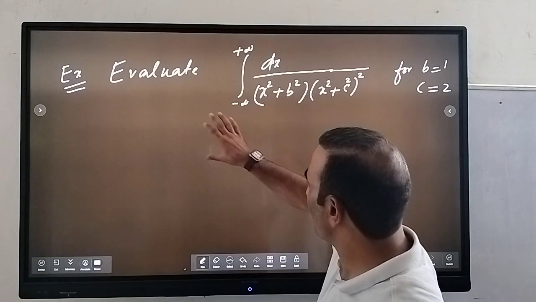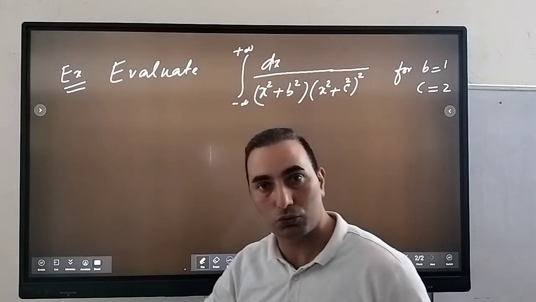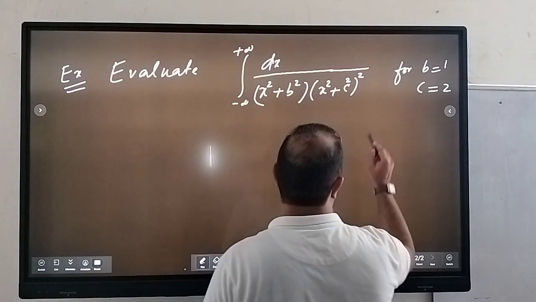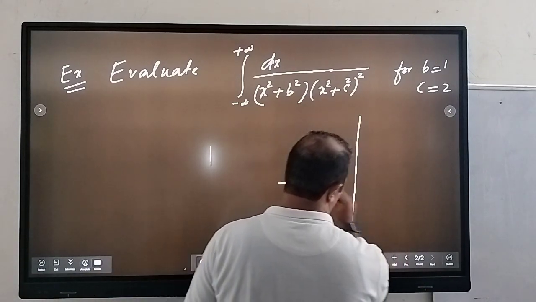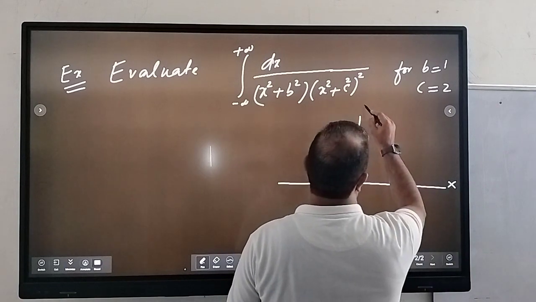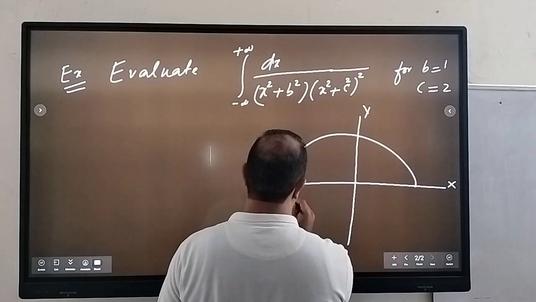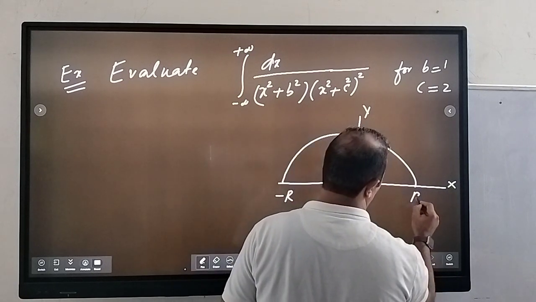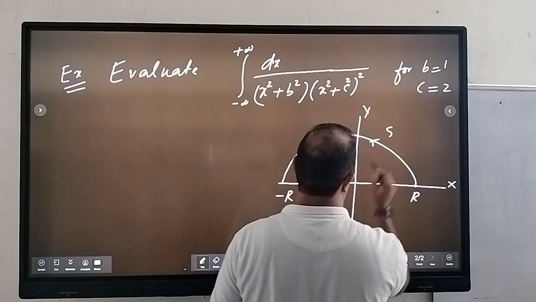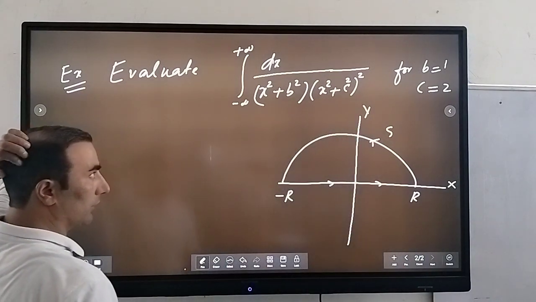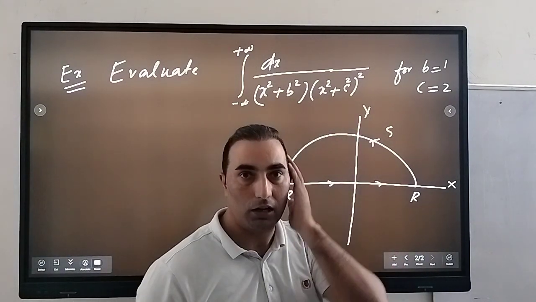Okay, so first of all, we have this type of integral and we need to solve it over the semicircle, right? So that means we have this kind of semicircle over this complex plane. So this is minus a. Okay, and now first of all, let's see what we do.